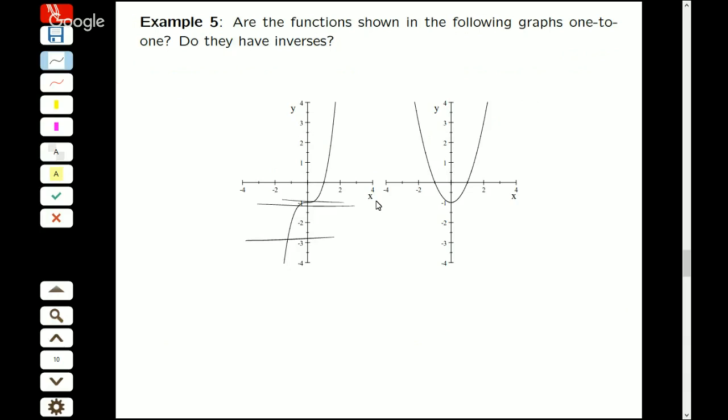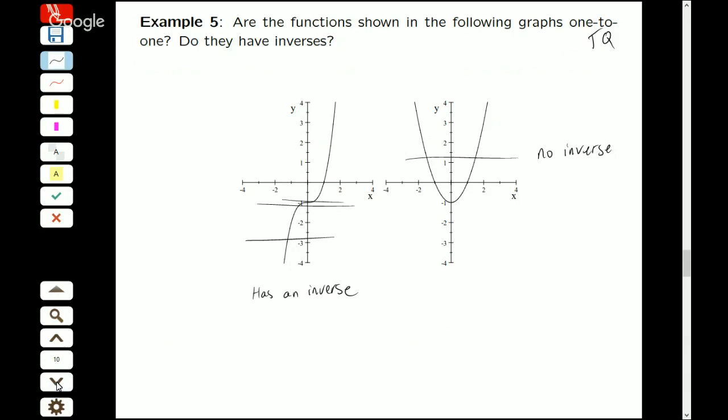It's just because my scale is more spread out across the x's than it is across the y's. So it looks like a horizontal line, but it is not. So this one has an inverse. It passes the horizontal line test. Tell me about the second one. Yeah, no inverse. Test question, just like that. We like those.